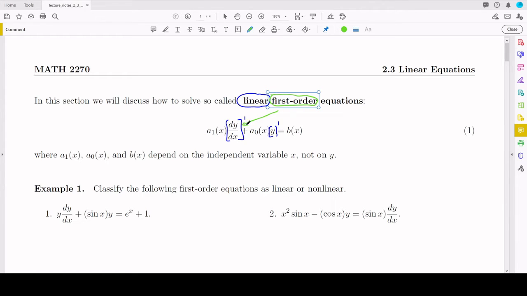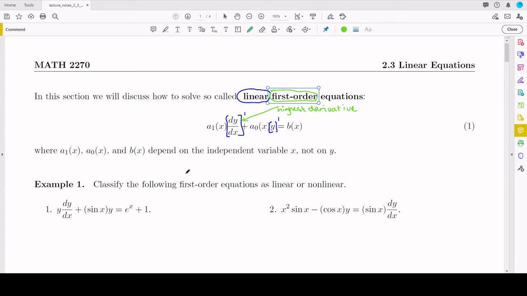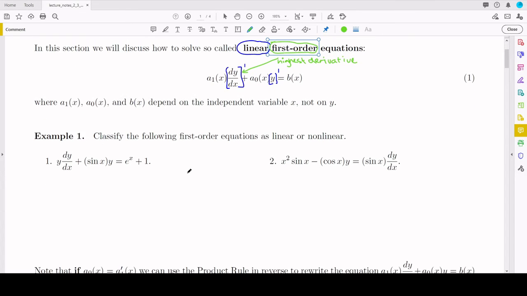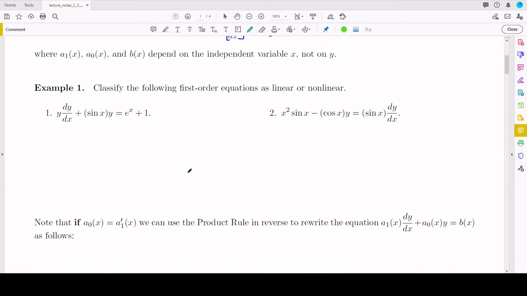Right? So this is our highest derivative. And note here that a sub 1 of x, a naught of x, and b of x depend on the independent variable only. So let's do an example where we're classifying differential equations as being either linear or nonlinear.